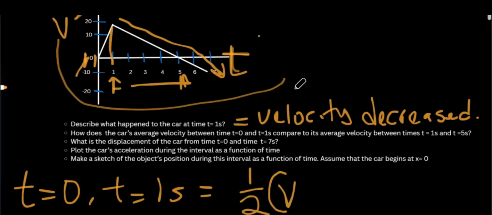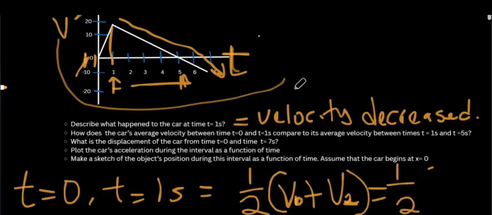It's half the sum of the initial velocity and the final velocity, which is half of 0 plus the final velocity when t equals 1, which was 20.